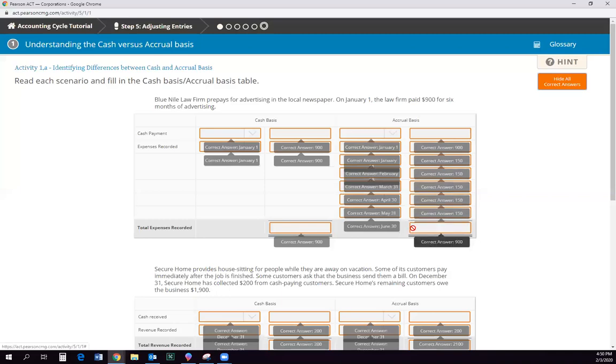In the end, our total will be 900 either way. It's just that under the cash basis, we claimed it all as an expense in January, and under the accrual basis, we claimed $150 per month for 6 months, because we incur the expense for advertising each month that our advertisement is running in the paper.